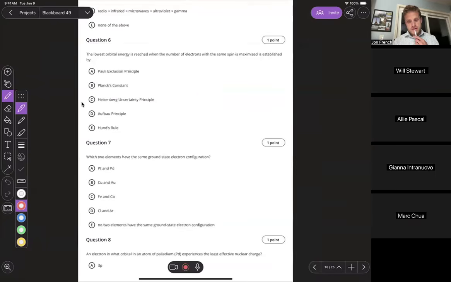All right, question six. The lowest orbital energy is reached when the number of electrons with the same spin is maximized. Not the greatest worded question, but we can cancel out a few of these right away. Planck's constant is a constant, it had nothing to do with electron assignments or configurations.